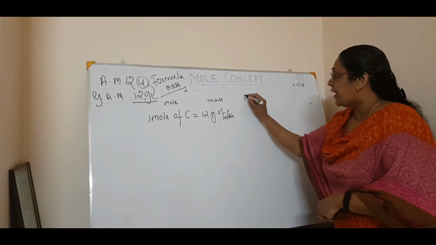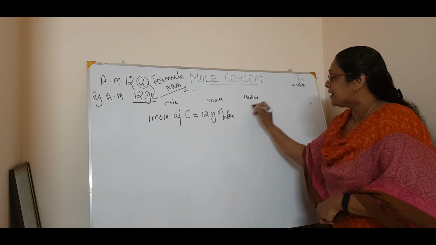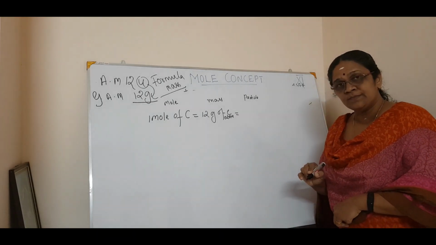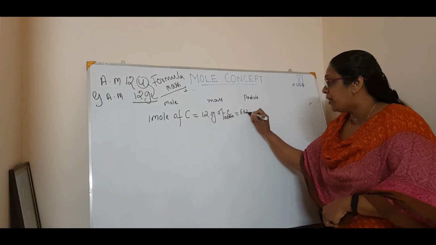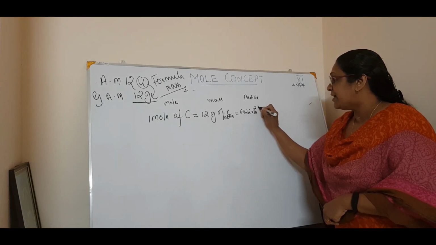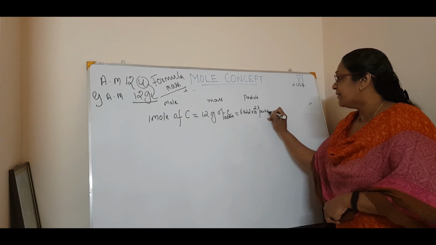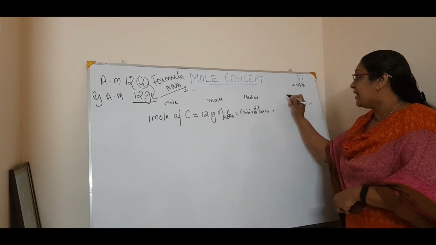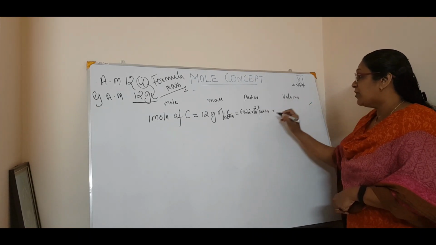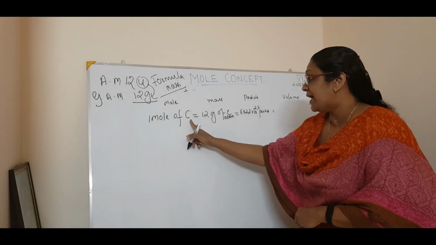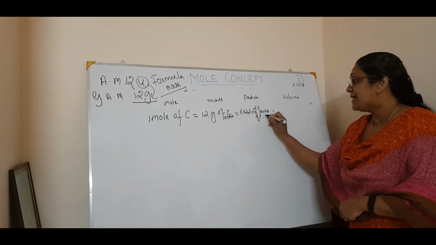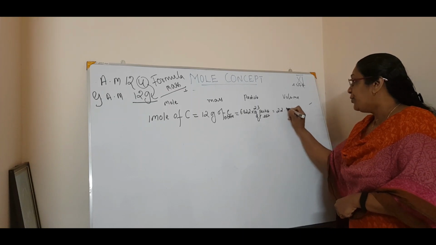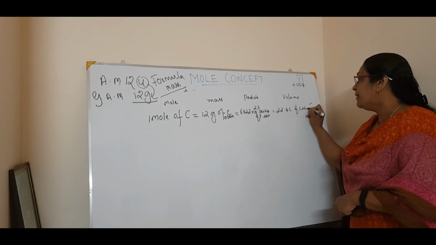Now coming to particle. How can you compare it with particle? That is again equal to, tell me, what is the number of particles? Na. That is 6.022 into 10 raised to 23 particles, correct? Again you compare it with volume. 1 mole of carbon atom, 12 gram of carbon atom, 6.022 into 10 raised to 23 particles of carbon atom, and also 22.4 liter of carbon atom.